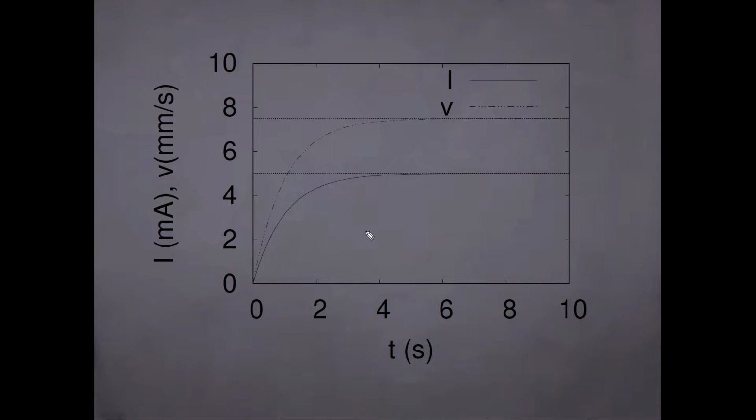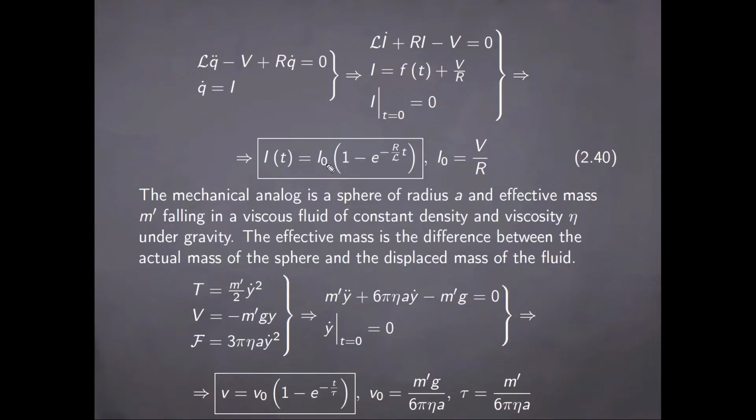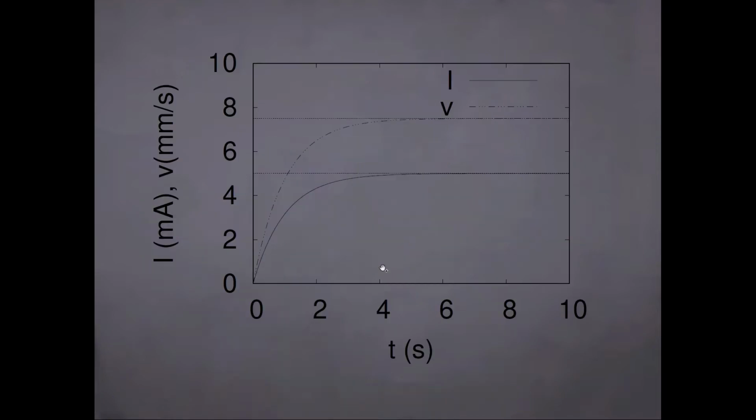And just as a basic illustration of the two cases, I've plotted here as a function of time in seconds an electrical current in milliamperes and a velocity in millimeters per second, so the current is given by the formula here and the velocity by the result here.